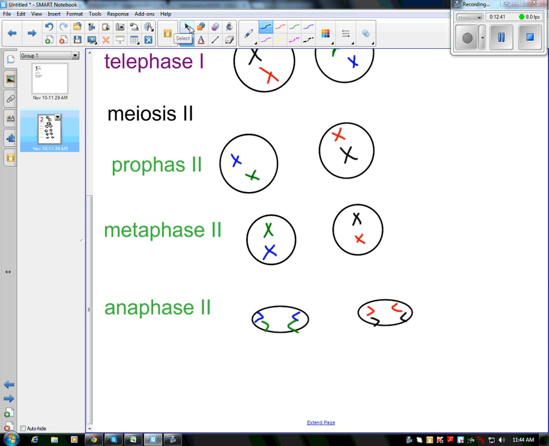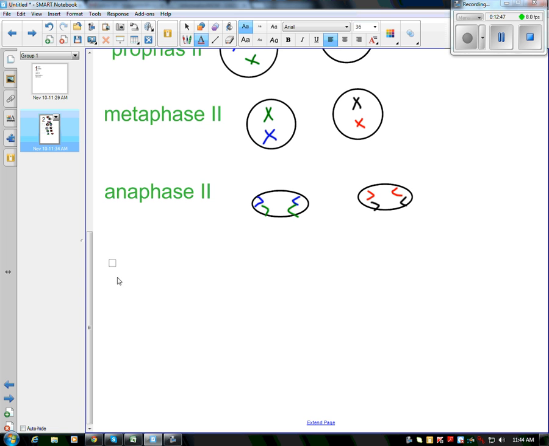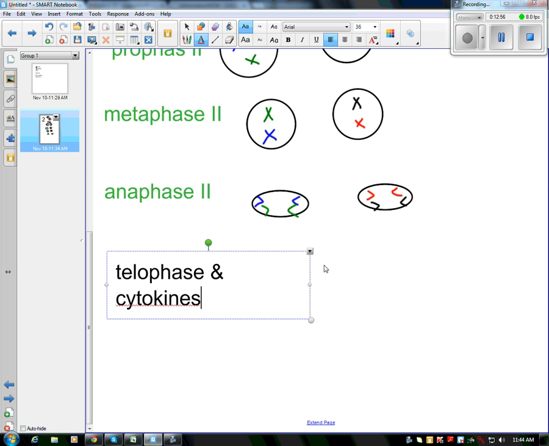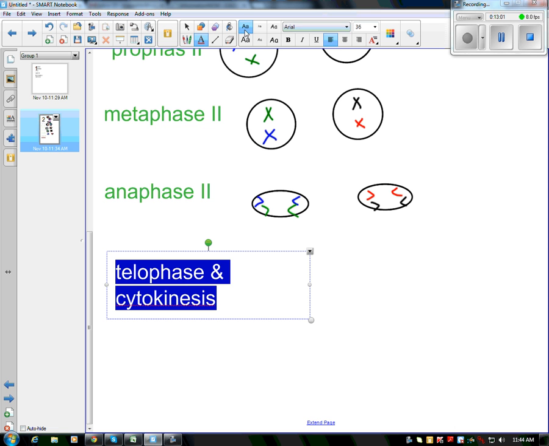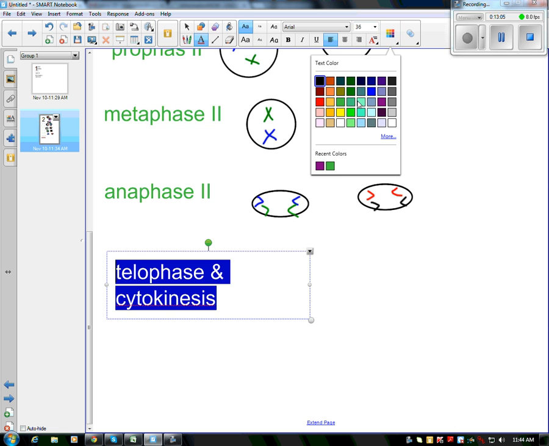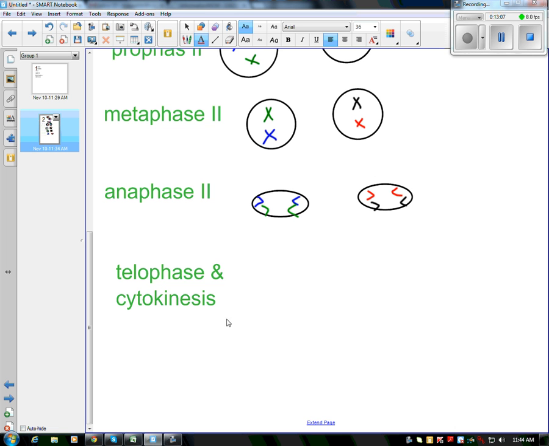And then what happens during telophase, well, last section is telophase and cytokinesis. Yes, I probably misspelled that, Reagan Miller. Aren't you the one that always asks how to spell something?